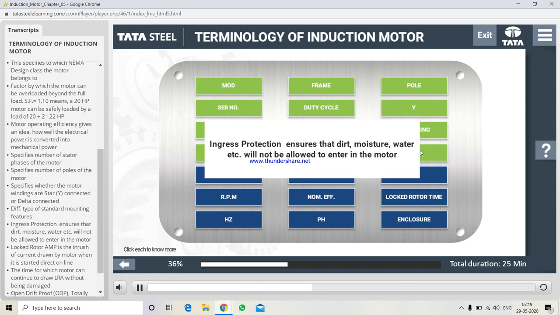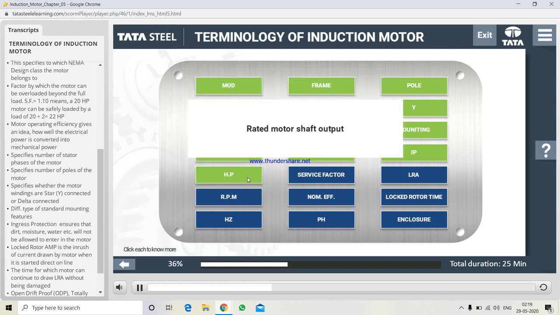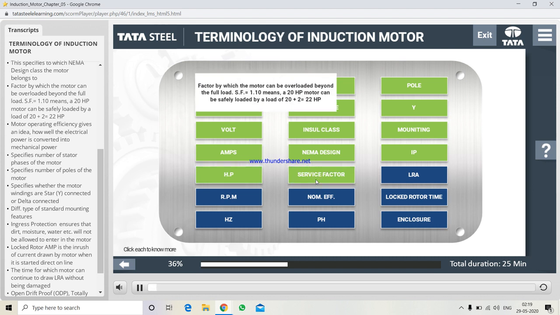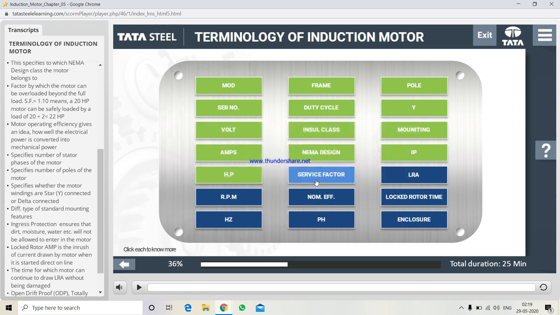Ingress protection ensures that dirt, moisture, water, etc. will not be allowed to enter in the motor. Rated motor shaft output. Factor by which the motor can be overloaded beyond the full load. SF equals 1.10 means a 20 HP motor can be safely loaded by a load of 20 plus 2 equals 22 HP.